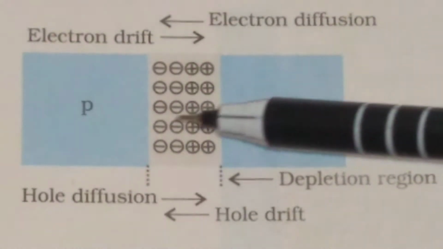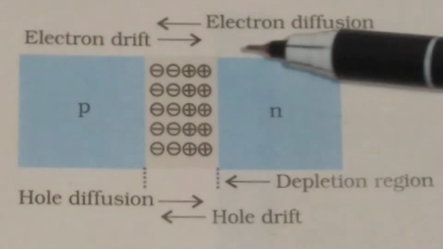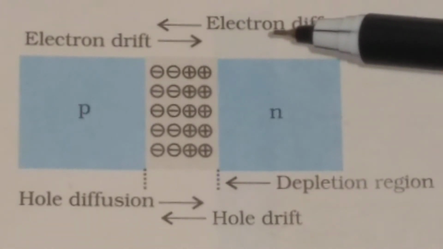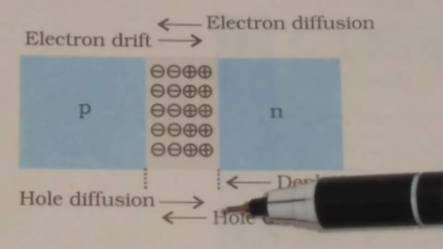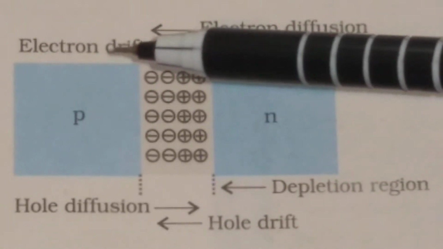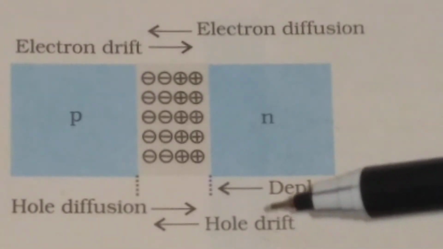So at the PN junction, you have two currents. One is your diffusion current, another one is your drift current. Diffusion current is due to the electrons and due to the holes, as well as drift current due to the electrons and drift current due to the holes.